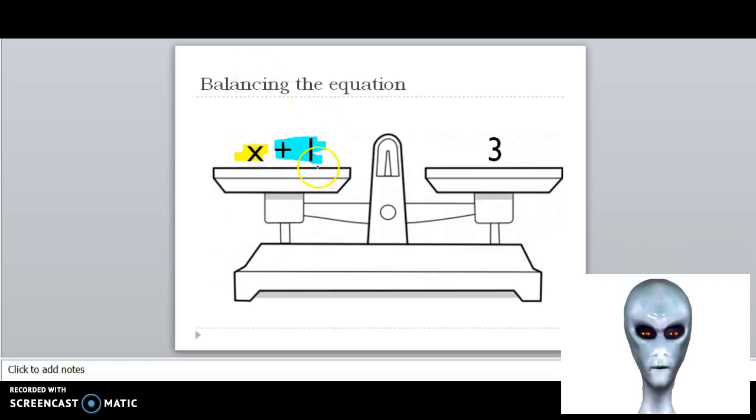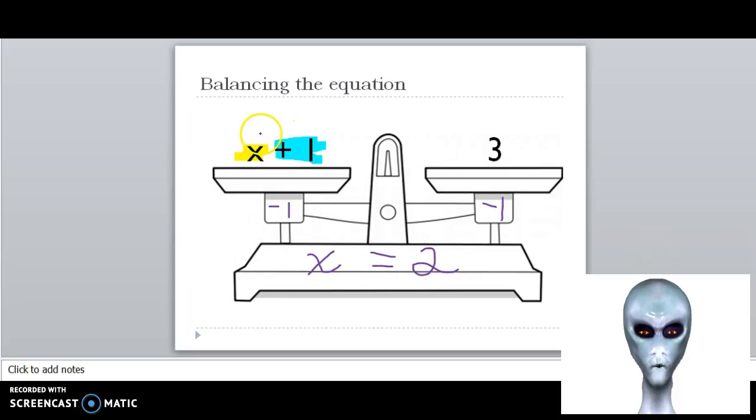And the opposite of addition is subtraction. So if I subtract 1 to both sides, I will get my x value or my unknown. So x is equal to 3 minus 1, which is 2.